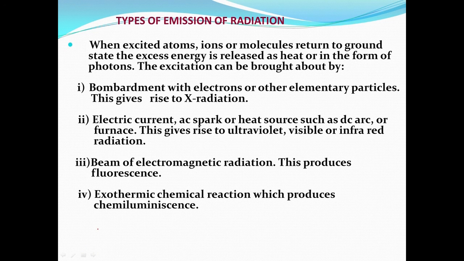This produces fluorescence. Exothermic chemical reactions also produce some amount of light, that is known as chemiluminescence. So, we are going to study absorption, emission, chemiluminescence and fluorescence. All these are part of molecular spectroscopy.